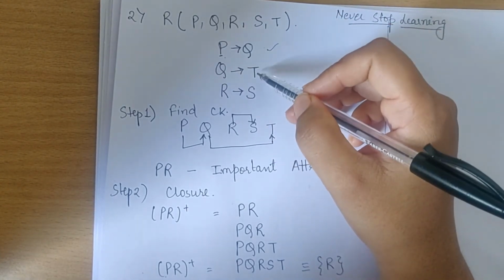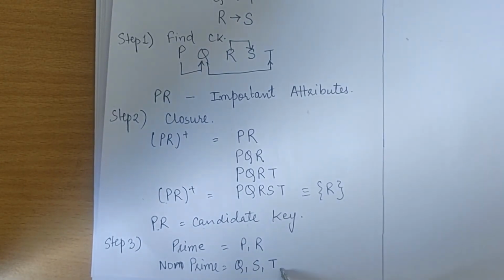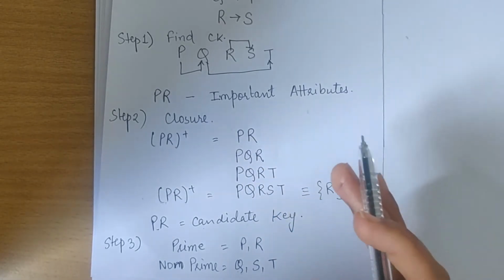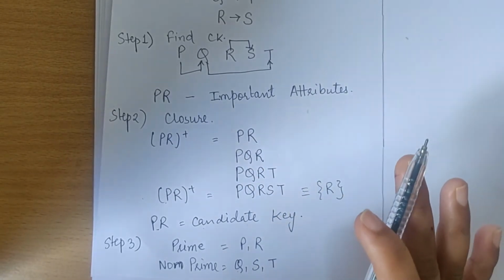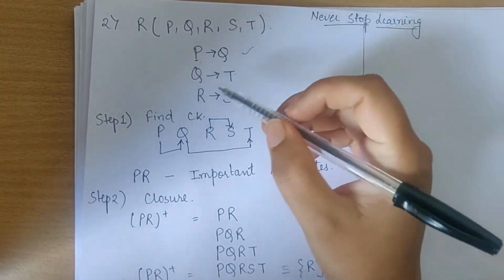Q determines T. Now, you can see here, Q is a non-prime attribute and T is a non-prime attribute. A problem occurs only when a prime attribute determines a non-prime attribute. If a non-prime determines a non-prime, for now there is no issue. So in the second dependency there is no problem.